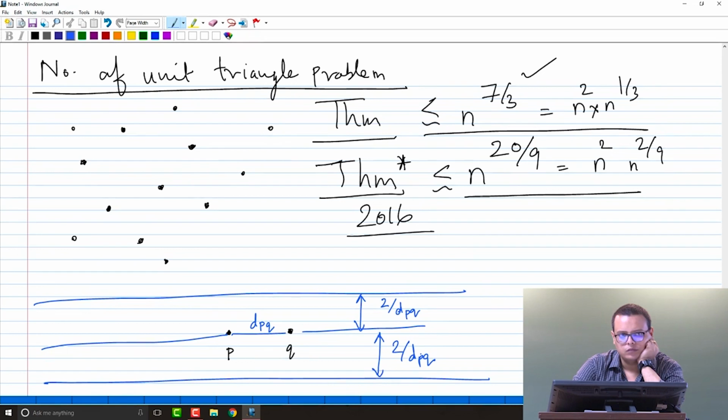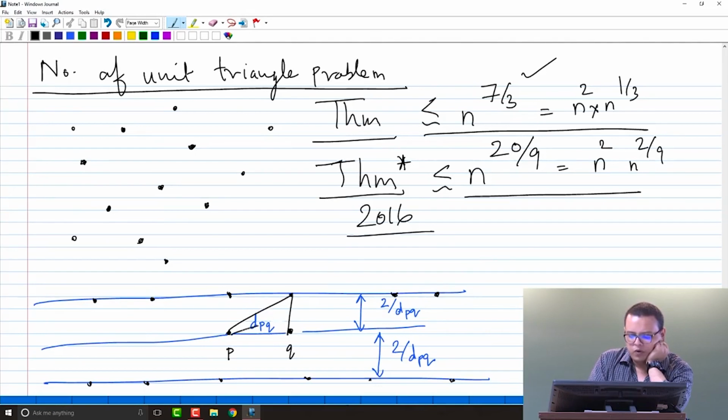Okay. So if I know the number of points I have here from the original point set, that will tell me the number of unit area triangles I can make. So if I know the number of points on this line plus the number of points on this line, then I know the number of triangles I can have with PQ as one edge, and the other vertex will make a unit area triangle with this, right?